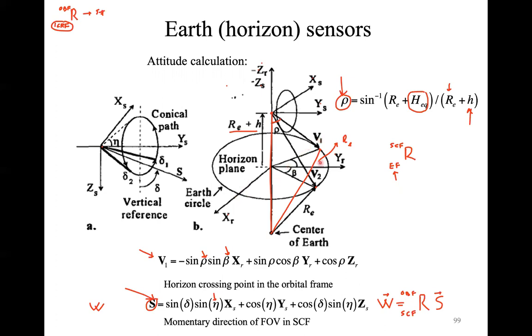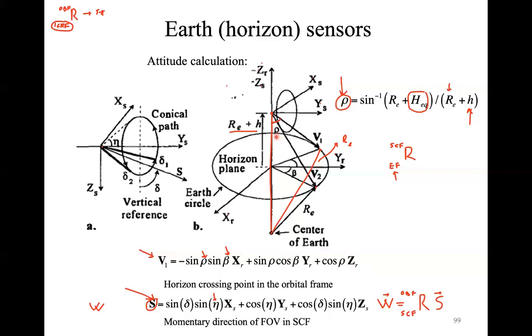The vectors that we have shown here are v, because those vectors are represented in the reference frame R, so these xr, yr, and zr. What you have here is the expression of this parameter with respect to 2 angles, rho and beta.